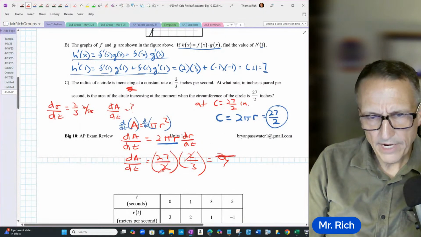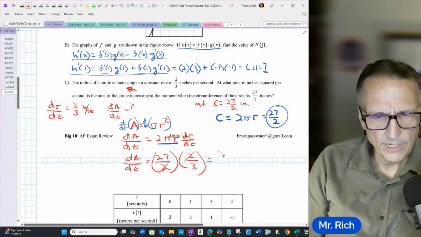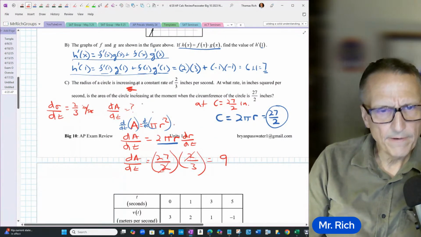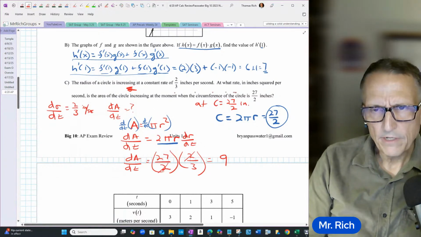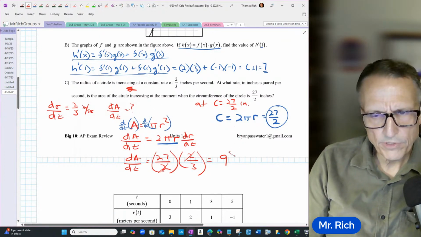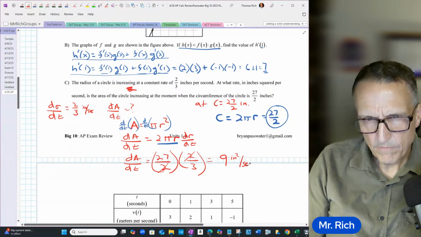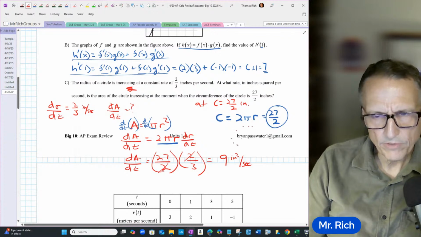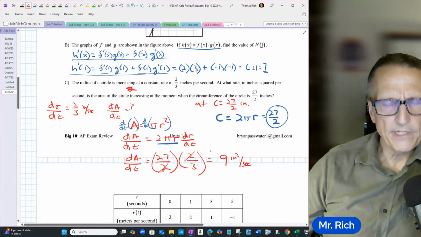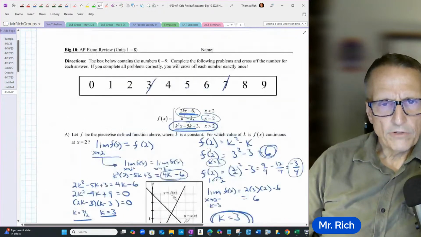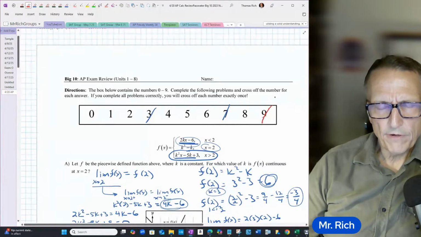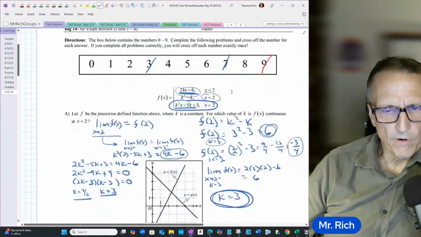So really, my answer here is going to be an answer of 9, right? And this is going to be certainly inches squared per second. So there it is. So that means then in our little scheme here, we can cross off the number 9. We have an answer for number 9.